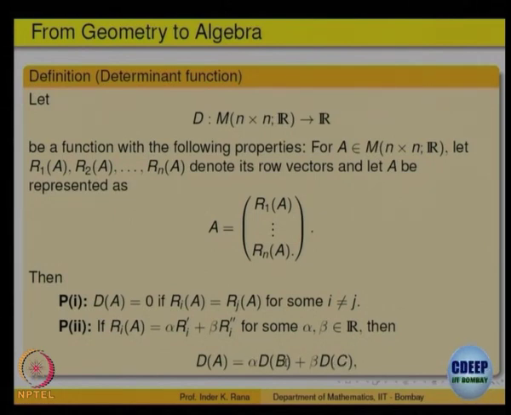B is the same as A, except at the ith place the row is ri dash, and in C every other row is the same except the ith row, which is ri double dash.